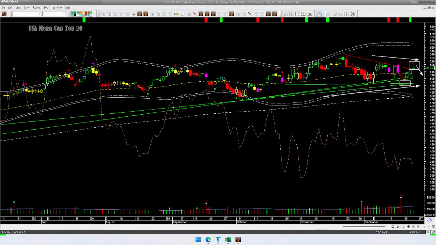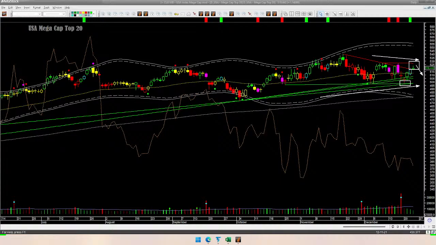Mega caps have an outsized influence on Nasdaq 100 and S&P 500. That is why I study mega caps, to see whether the market may go up. Market meaning S&P 500, Nasdaq 100 may go up just because the mega caps are going up. And if that happens, people will tend to be bullish if the major two indices are going up.